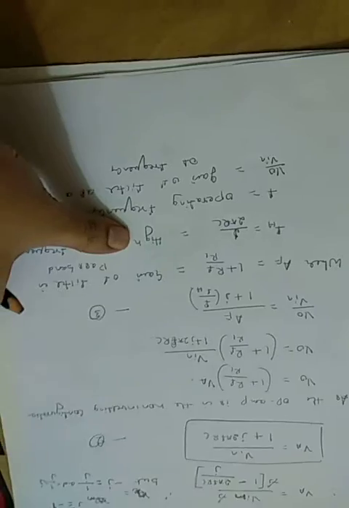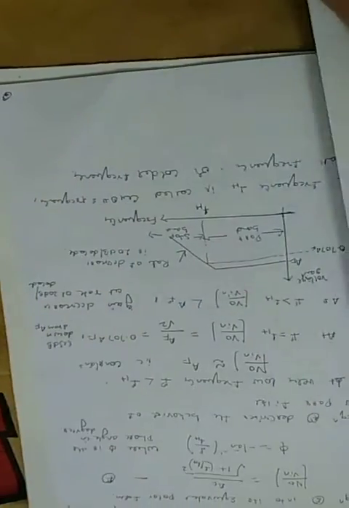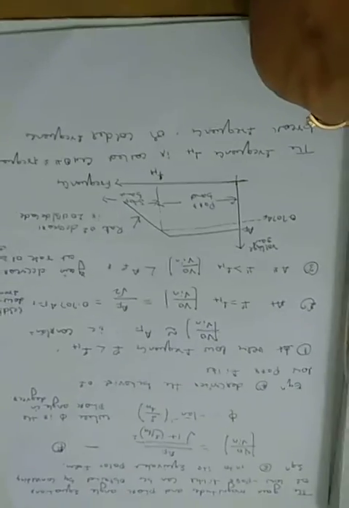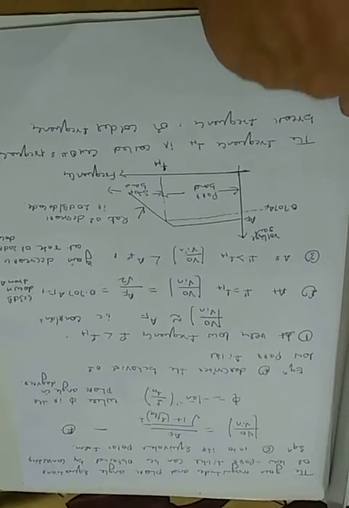F is the operating frequency and V naught by V in is the gain of the filter as a function of frequency. So this equation gives the gain magnitude and phase angle of the low pass filter.